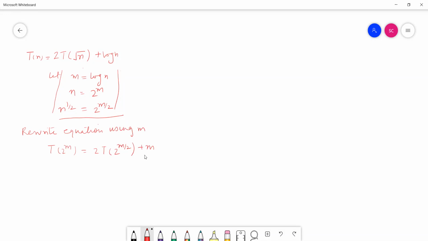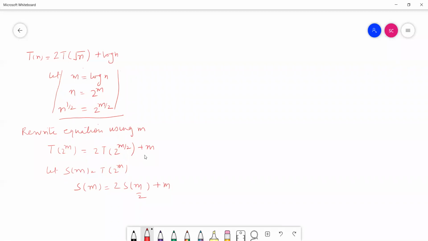And this we can write as, let S(m) is equal to T of 2 to the power m. So this equation will turn into S(m) is equal to 2S(m by 2) plus m. Is this clear?